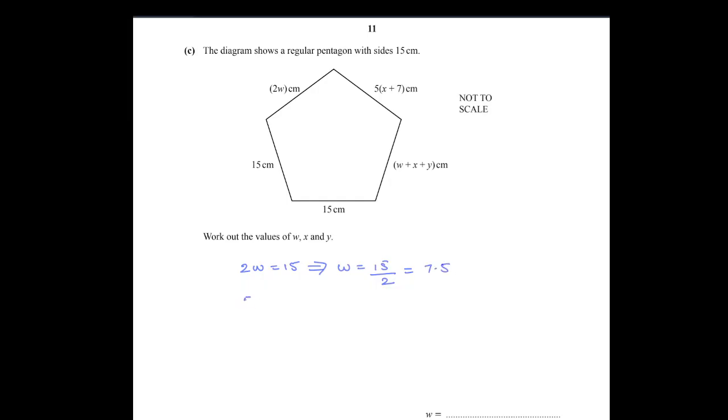Then 5 into (x plus 7) is equal to 15. This gives you 5x plus 35 is equal to 15. This gives you 5x is equal to 15 minus 35.